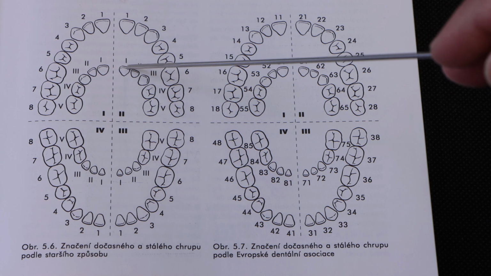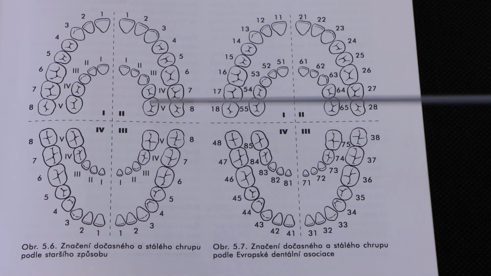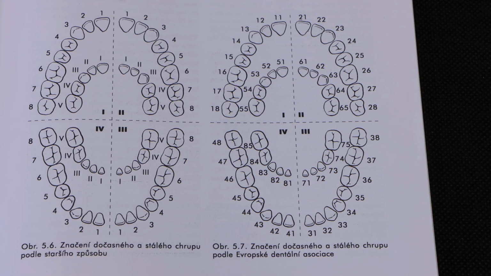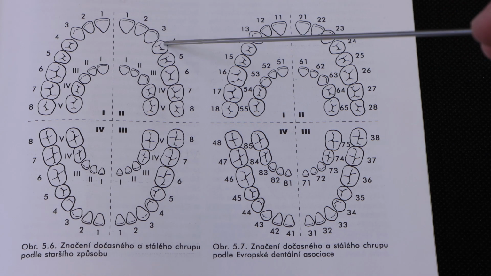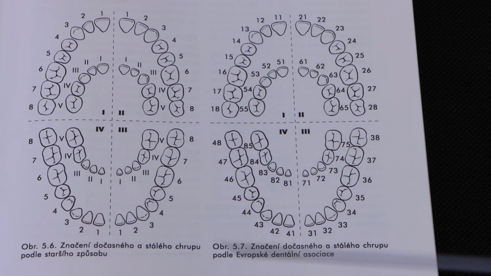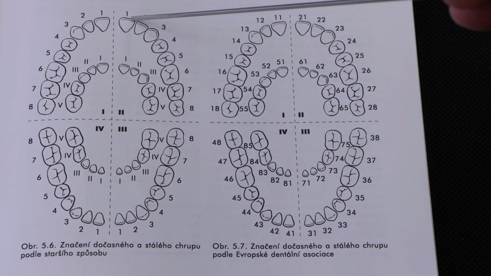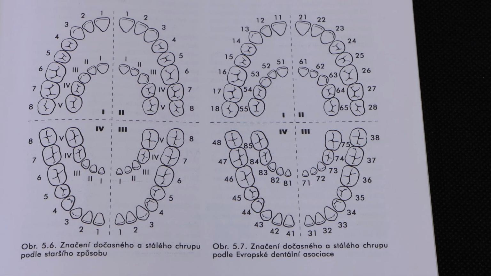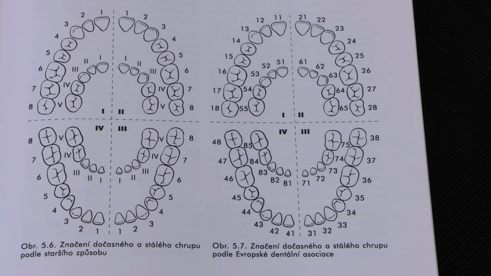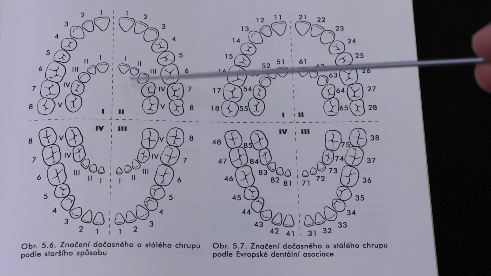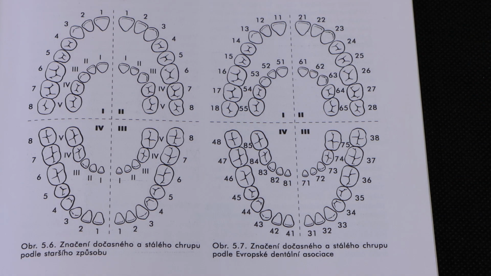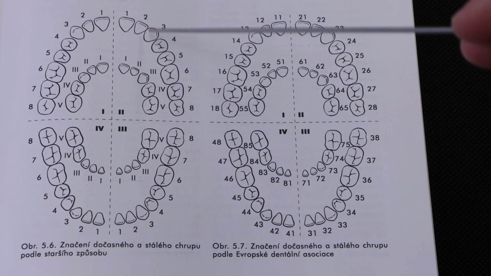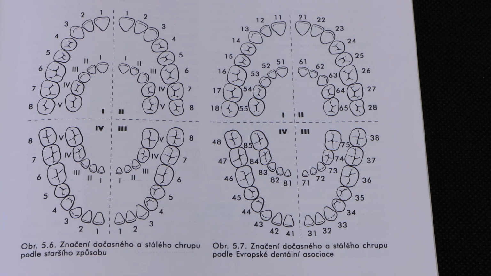For permanent teeth, we have 2 incisors, 1 canine, 2 premolars and 3 molars, so we use 2123. This is another piece of information. The number of teeth is 20 in deciduous and 32 in permanent.